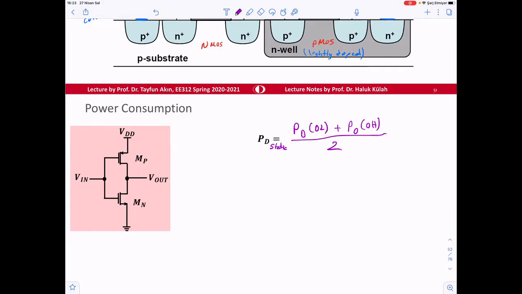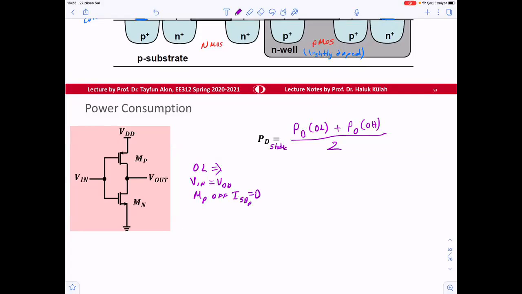And when output is low is the case where Vin is equal to what? VDD, right? If this is VDD, then MP is off. So I, source to drain of P, is 0.